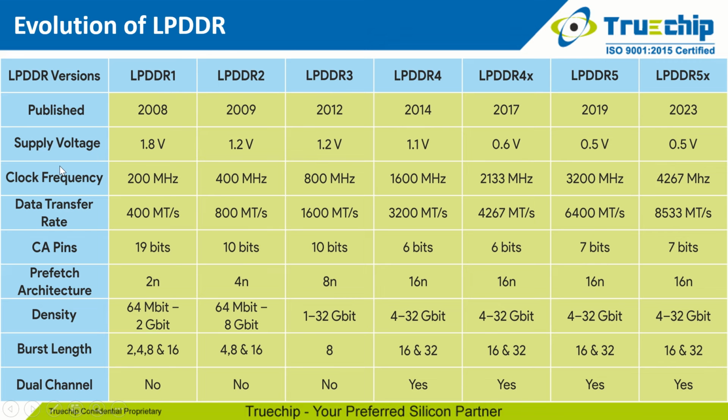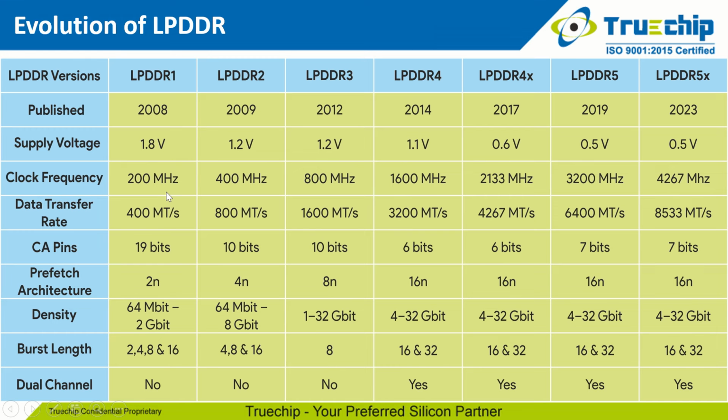As is the nature of DDR write-read transactions to the memory, data will be sent to the LPDDR memory on the negative as well as the positive edge of the clock, so the data transfer rate will always be double the clock frequency. As the voltage is decreasing, clock frequency with each new version of LPDDR devices is increasing, making the data transfer rate even higher.